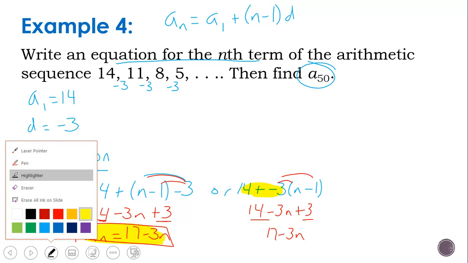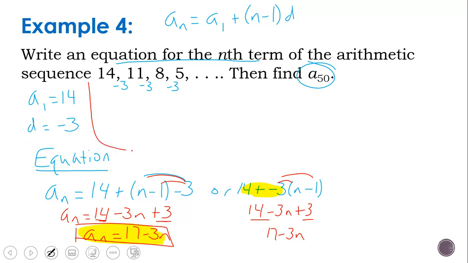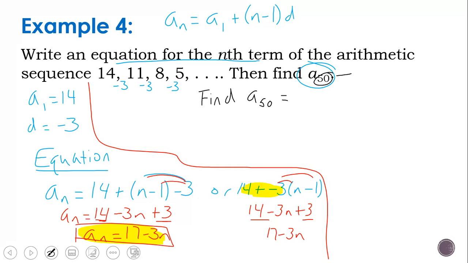Now, the next part that we're being asked is asking us, okay, now you have your equation. Now find a sub 50. So now we have to find a sub 50, which means find the 50th term by taking 50, and that's our n value, plugging it in for n into our equation.